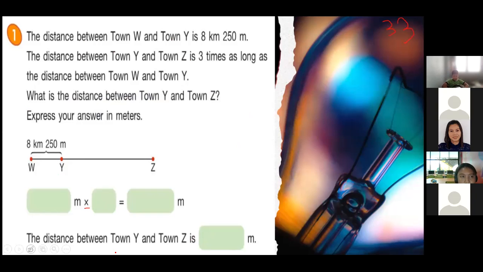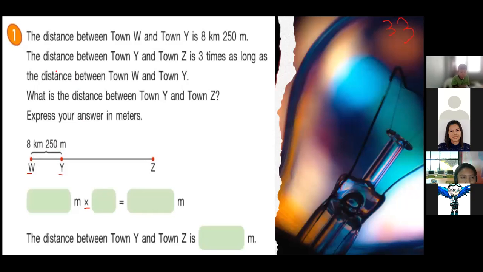So the distance between town W and town Y is 8 kilometer and 250 meter.